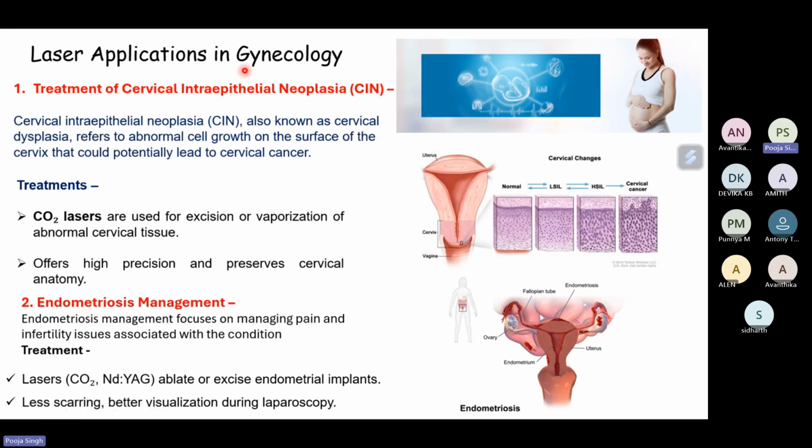Also, you can see CO2 laser application in gynecology. As we all know, if we have any cervical problems or problems related to the uterus, we go to the gynecologist, where you can also have cancers such as cervical intraepithelial neoplasia, which we call CIN. It causes abnormal cell growth on the surface of the cervix, which you can see near the uterus, and that could potentially lead to cervical cancer.